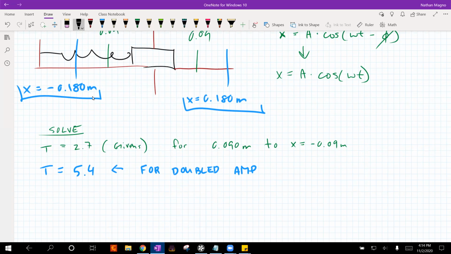Okay. So to do that, oh yeah, go ahead. So you said the amount of time it takes for half the period. Is it half the cycle, I guess, right? Oh yeah, that is true.